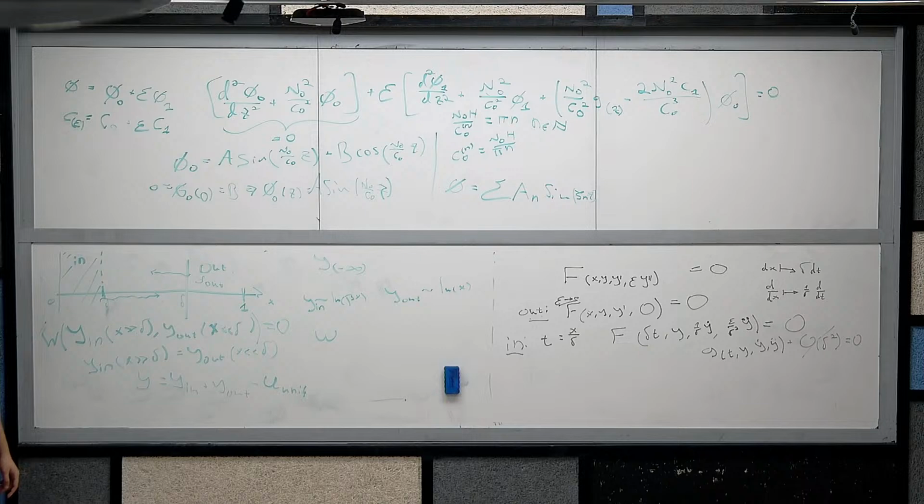Sometimes when you're doing perturbation theory, you can get a solution that does not satisfy the condition. For example, in probability, it can be non-normalizable. It also doesn't satisfy the boundary condition. Just in the limit it satisfies it, but not exactly.